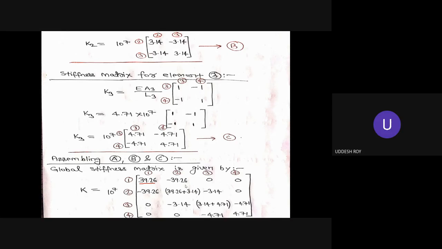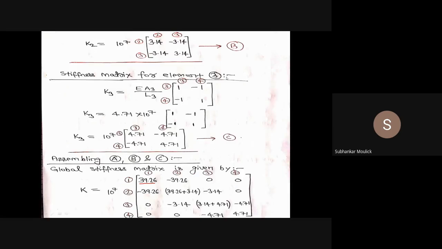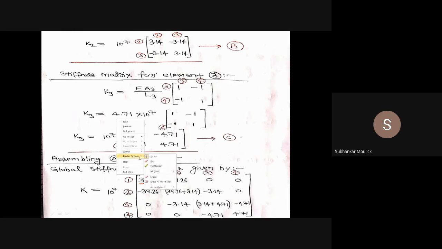Yes, sir. Similarly, if I find the first row and third column, that is this value. What will the value be? Let us check equation number A. There is a first row, but the third column is not there, so no use. In equation number B, the third column is there, but the first row is not there, so I won't use equation B. This is for element number one.